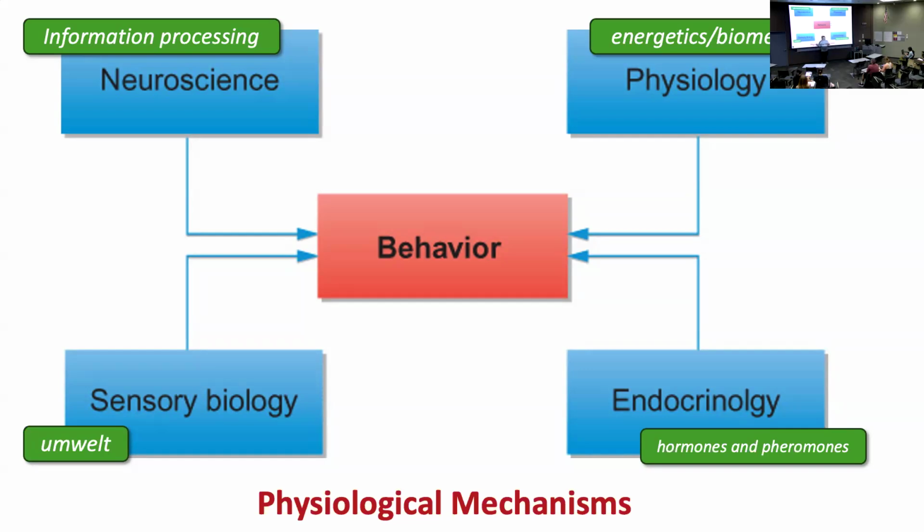You might think these are four separate boxes that have nothing to do with behavior, and behavior is all about just putting animals in a cage and watching them move from one side of the cage to the other. But in order to really understand how that behavior works and where it comes from, we really do need to call on our colleagues in these other areas. That's all this is communicating.